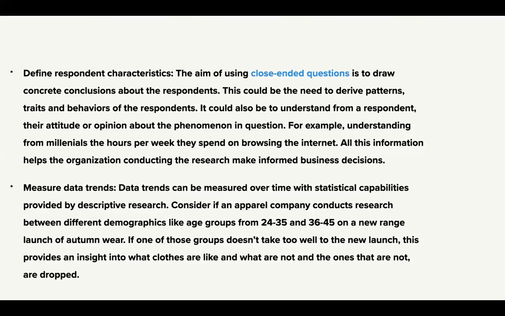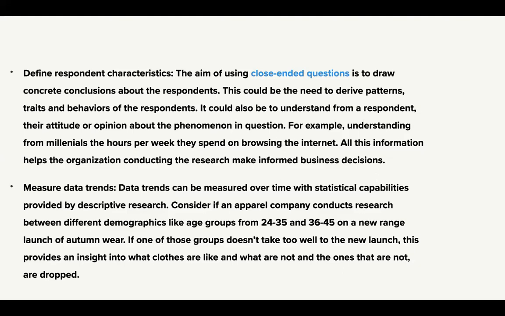It could also be to understand a respondent's attitude or opinion about the phenomenon in question. For example, understanding how many hours per week millennials spend browsing the internet. All this information helps the organization conducting the research make informed business decisions.